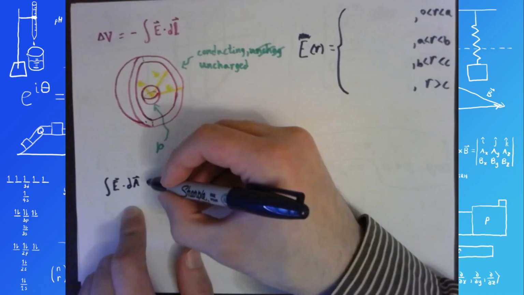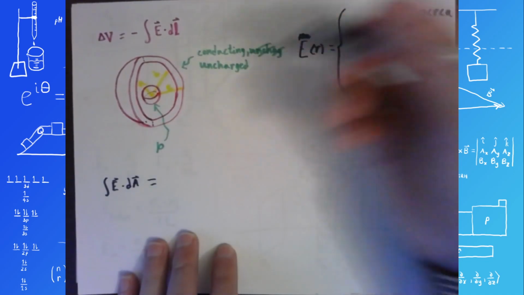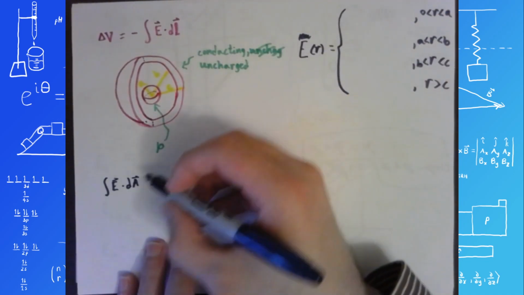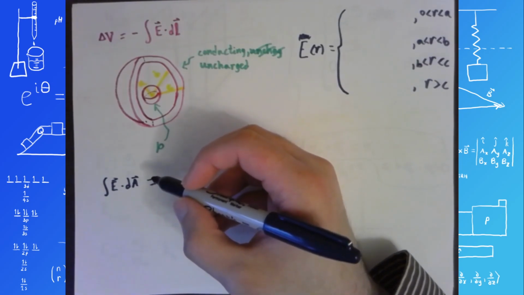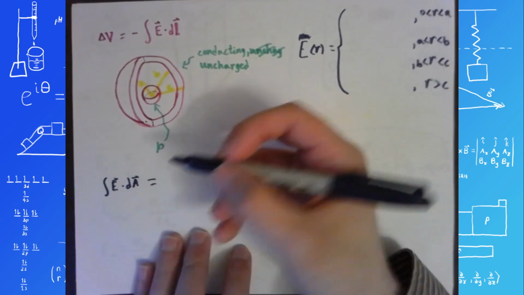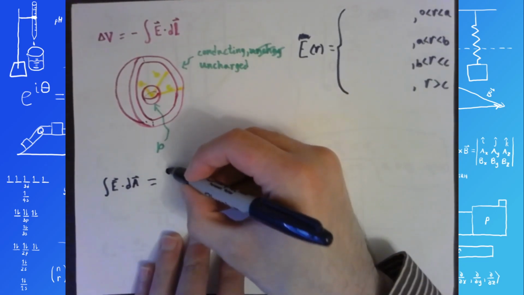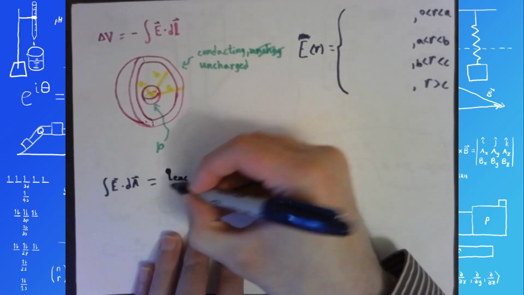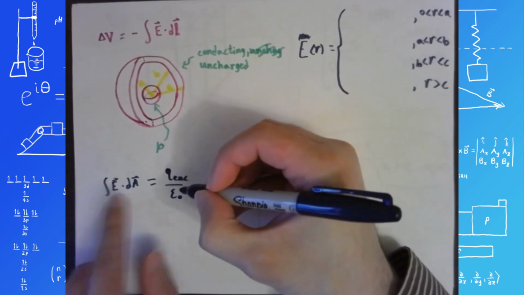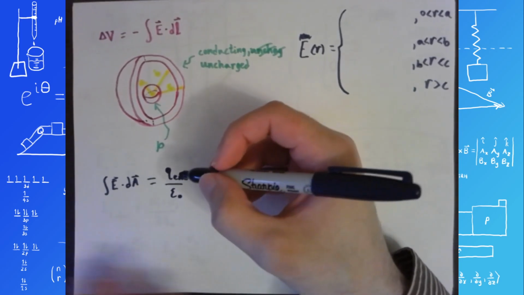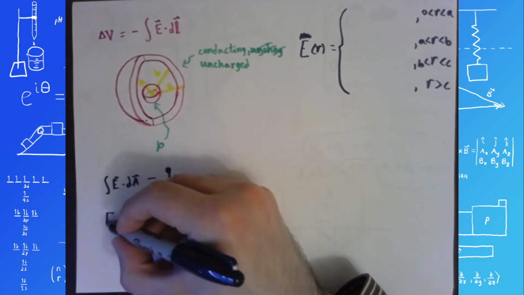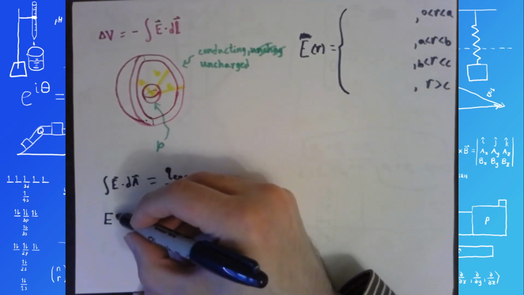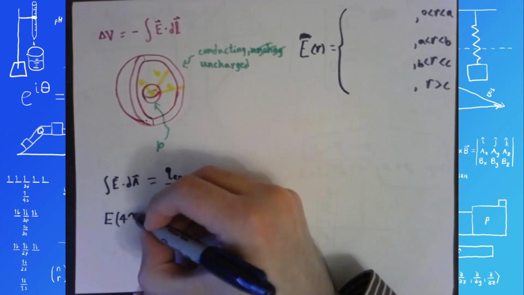So E dot dA simplifies to E times dA, as we've seen last week and the week before, for those of you who actually watched those recordings. And that equals the total charge enclosed over epsilon naught. Nothing fancy with the E dot dA, it becomes E times dA. The E is a constant that can be pulled out, and the integral of dA is just the surface area of our surface, which in this case is a sphere, so 4 pi r squared.